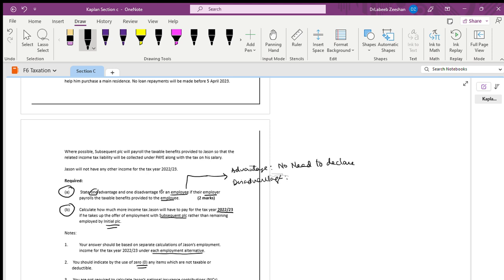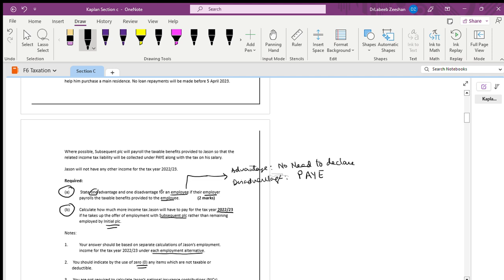Now, what is the disadvantage? Whenever he is moving from one job to another job and he is not certain, he may resign. The rule says that if there is any uncertainty over what is going to happen, then we can use the concept of pay as you earn.